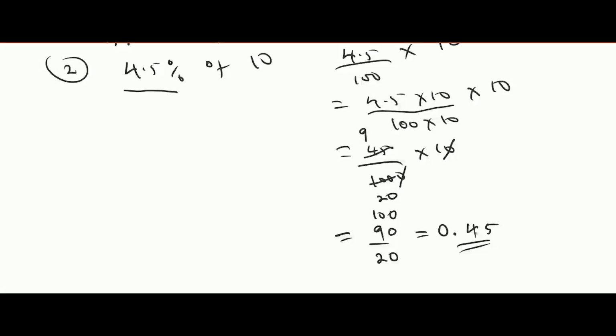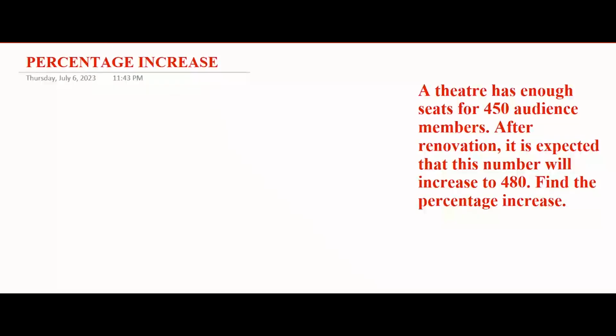So the next thing we're going to look into now is percentage increase and percentage decrease respectively. So let's look into the first one. To calculate the percentage increase of a quantity, make use of this formula.